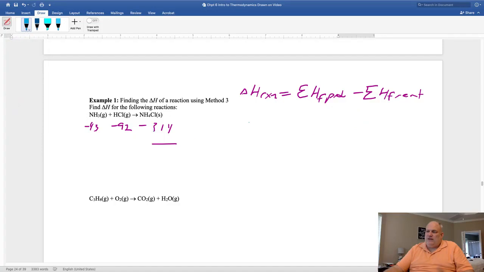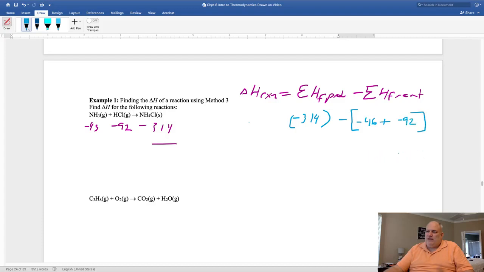So the enthalpy of our products, the only thing we have on our product side, wouldn't it be minus 314? And we're going to subtract all of the enthalpies of the reactants together. Now, you see we have a coefficient of 1 here and a 1 here, so it's going to be pretty straightforward. We're just going to add these two together, with minus 46 kilojoules for the NH3, and we're going to add that to minus 92.